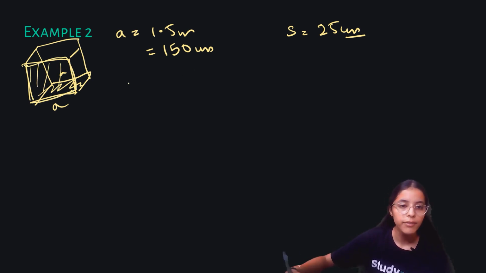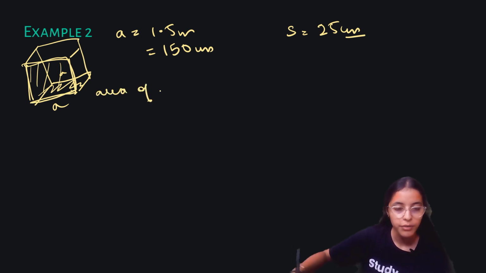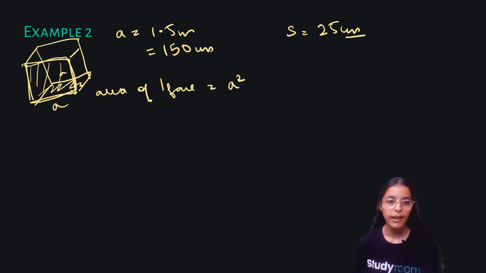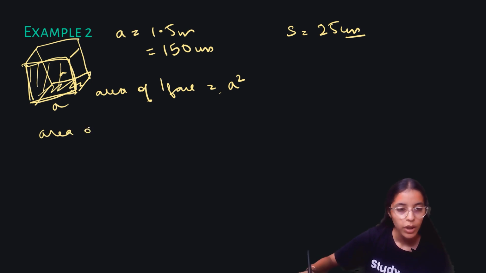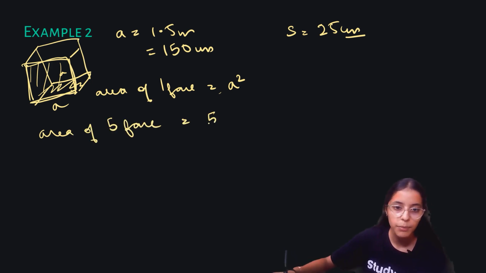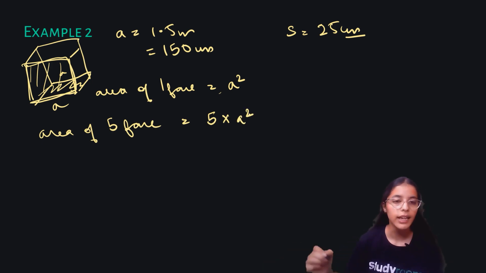The area of one face is equal to a square, that is the area of a square. You already know that. Now the area of one face is a square, so the area of 5 faces we'll simply multiply by 5, that is 5a square, which is done by the unitary method.